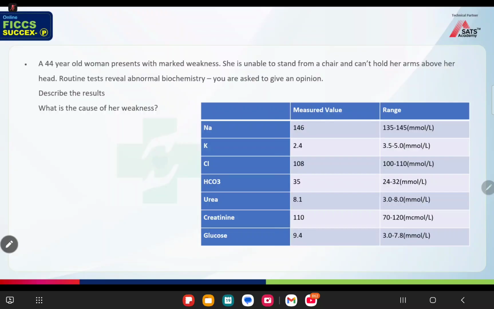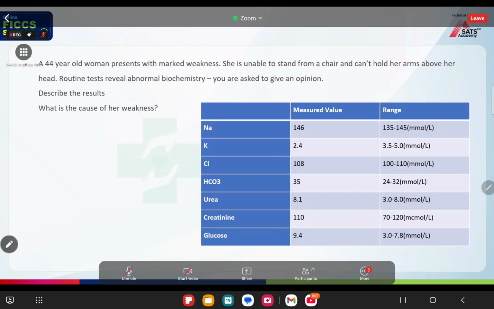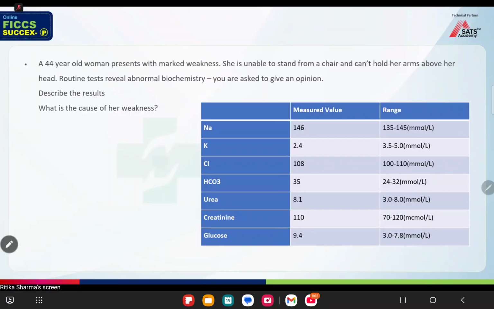What is that syndrome called? So this is going towards excess ACTH production. What is this combination?